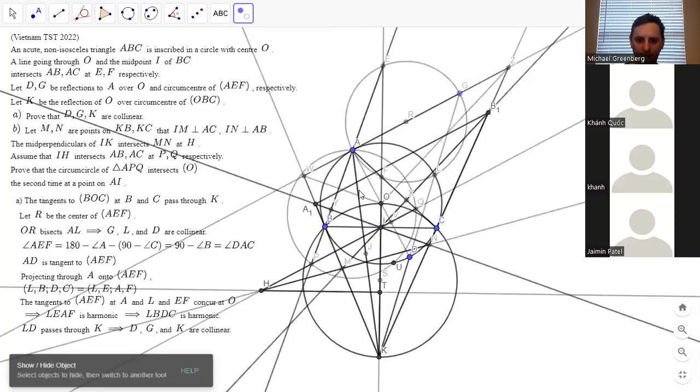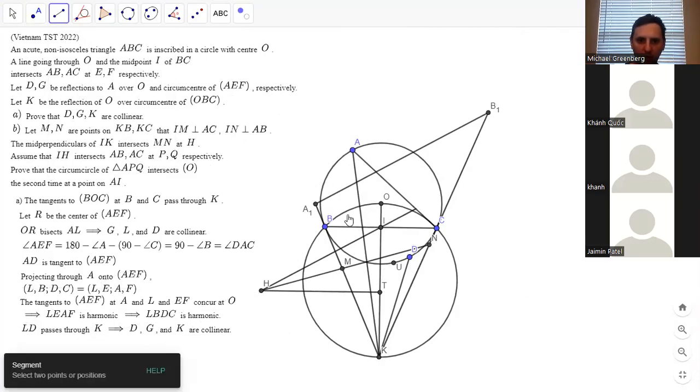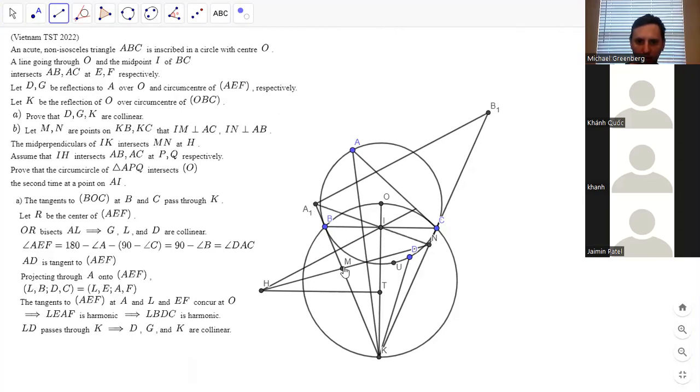So I should show that. We want to show that IH is parallel to A1B1.